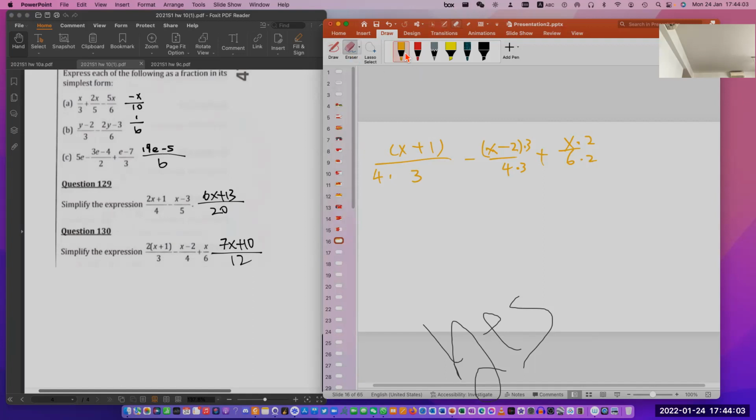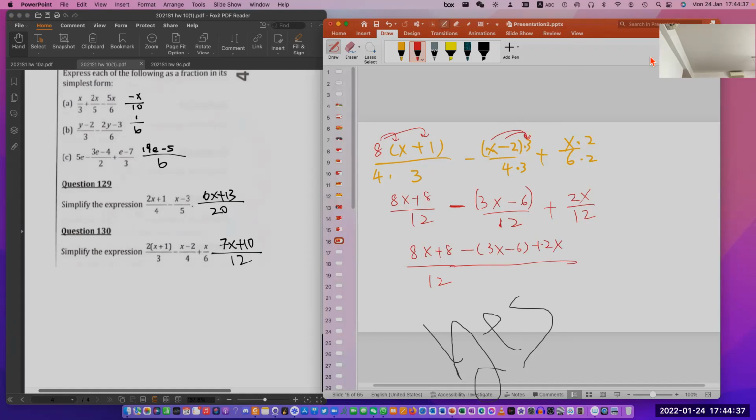Okay, so I can simplify this. Since I'm using technology, I can quickly just erase it. So I have 8x plus 8 over 12. Then I show the arrow, so I will not miss out. This is 12. This is 2x over 12. So I can combine it. Okay, once again, there is a minus sign here, so I need to put a bracket. Okay, so 8x plus 8 over 12. So I can combine them together. All right, so let me just clear your handwriting.